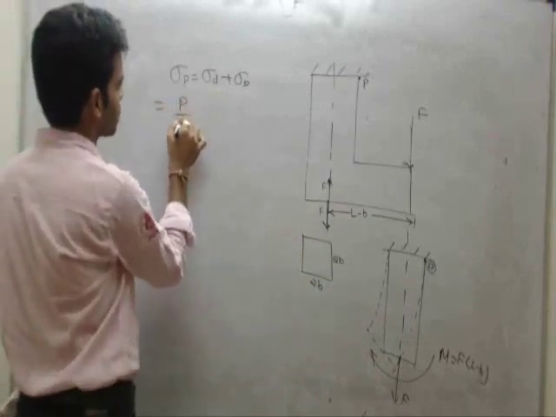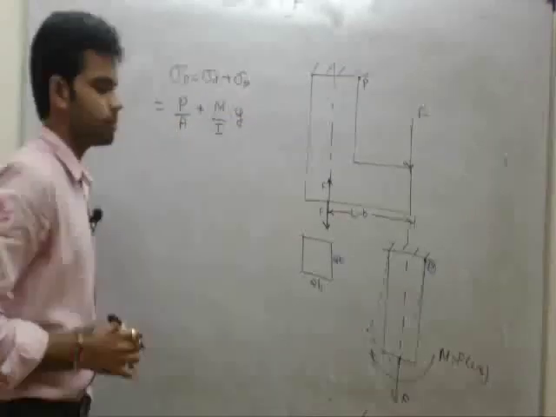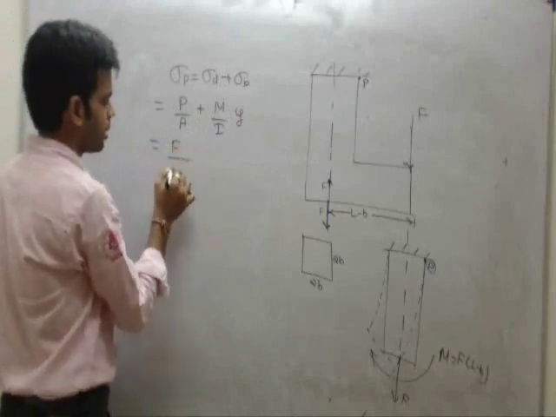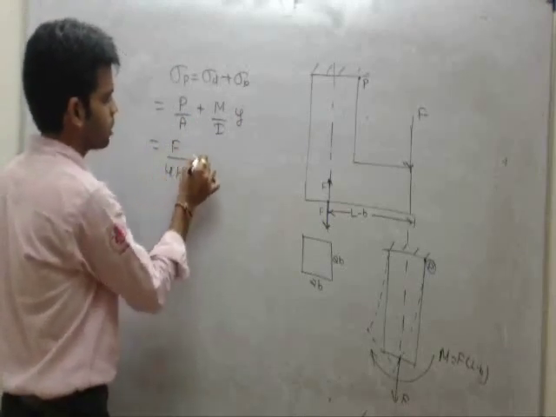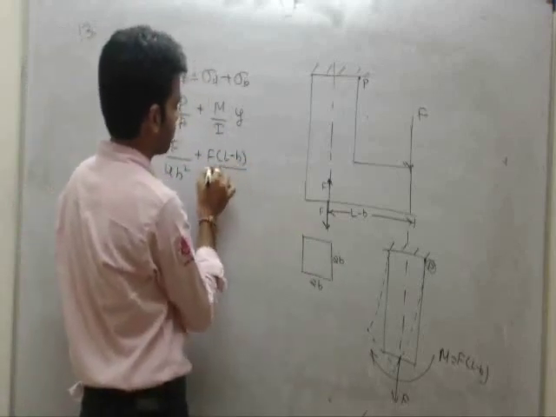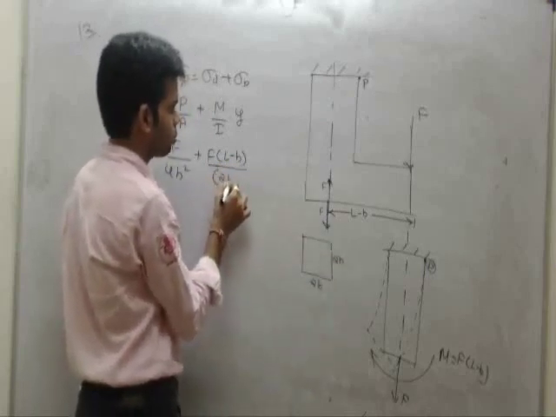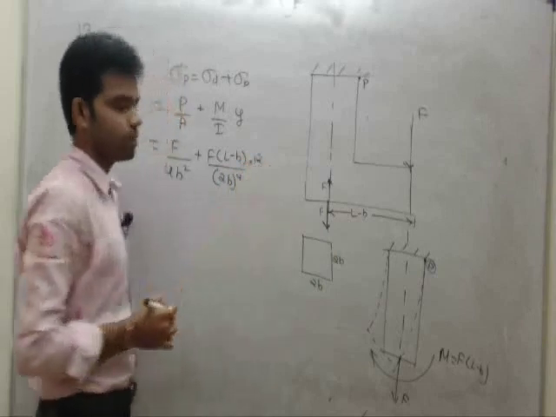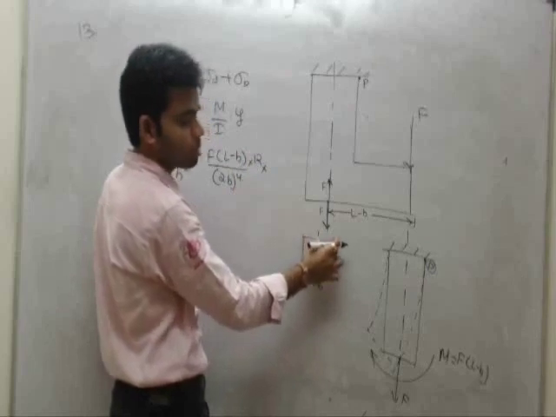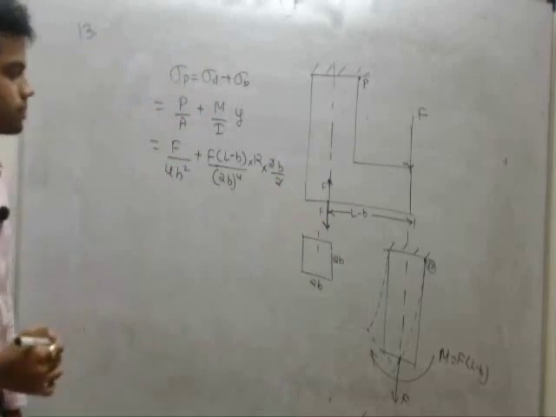What is sigma direct? This is equal to P by A. What is sigma bending? This is M by I into Y. Just put the values. P by A means F by area, which is 4B square, plus moment, which is F into L minus B, by I. This is a square section, so I will be equal to 2B raised to power 4 by 12, into Y. Y is nothing but 2B by 2, which is equal to B. Getting this or not?